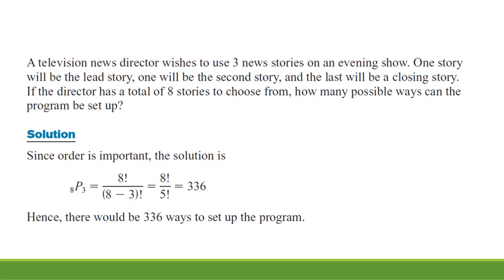Since the order is important, the solution is, the total number of stories, that is n, so 8 stories taken 3 at a time, so 8P3, that is now 336 ways to set up the program.